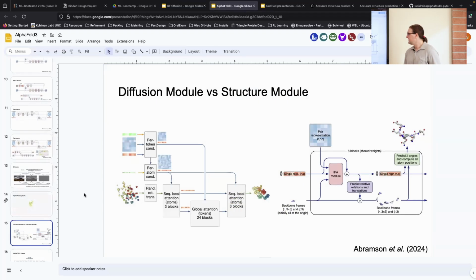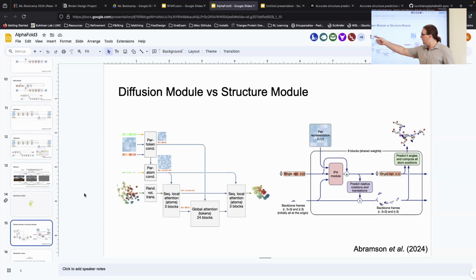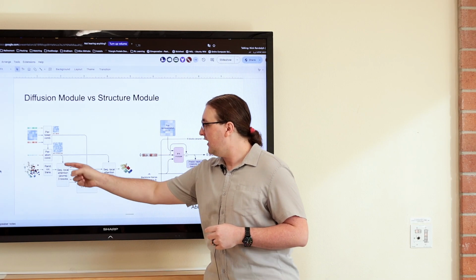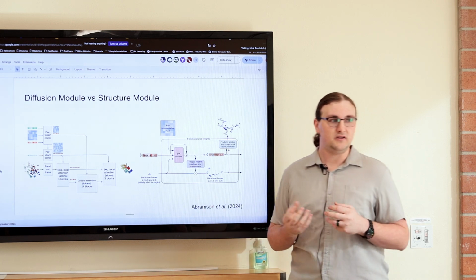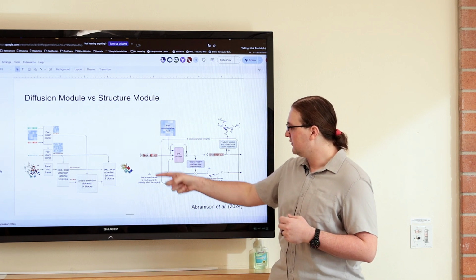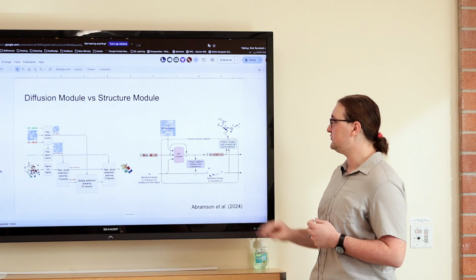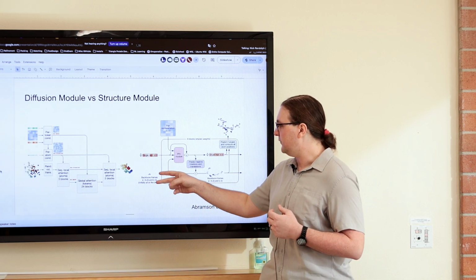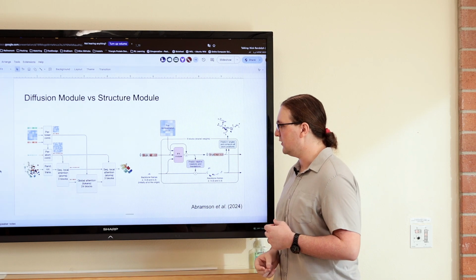So this is just a comparison of what the diffusion module looks like with respect to the structure module. It's kind of similar in the sense that we have our pairwise information, our single representation information, as well as our noisy current location of where the positions are. You can compare this to the IPA structure module over here. So we have our random, maybe not random, but starting locations for our backbone.